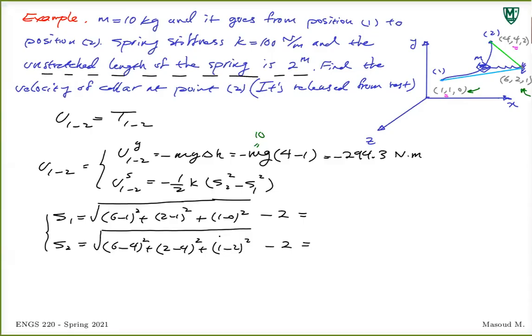So the story is the same. I just changed it into three-dimensional space. All you need to do is find the length of the spring at that position minus the unstretched length of the spring. That's how you can calculate how much the spring is stretched or compressed at a given point. Don't care what's happening in between. So the answers would be, if I did not make any mistake, 3.2 meters, and 1 meter.